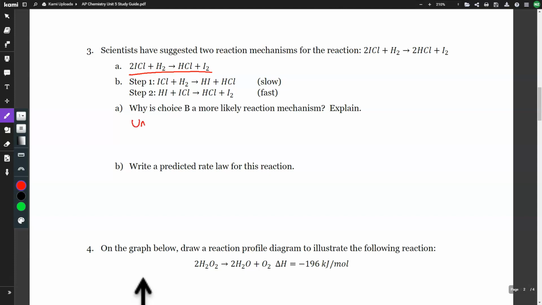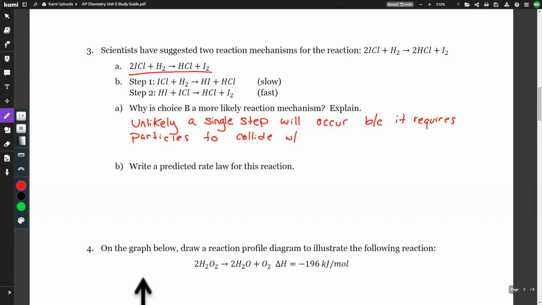Unlikely a single step will occur because it requires particles to collide with enough energy and the correct orientation.